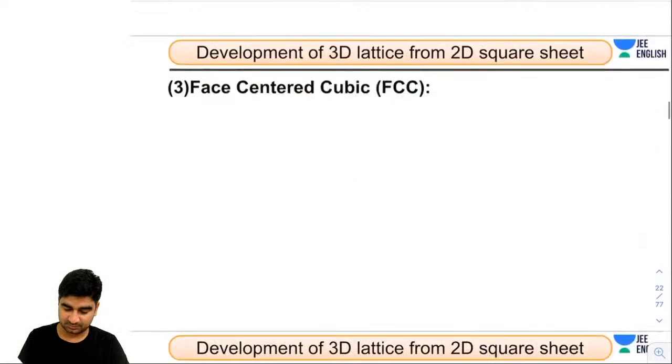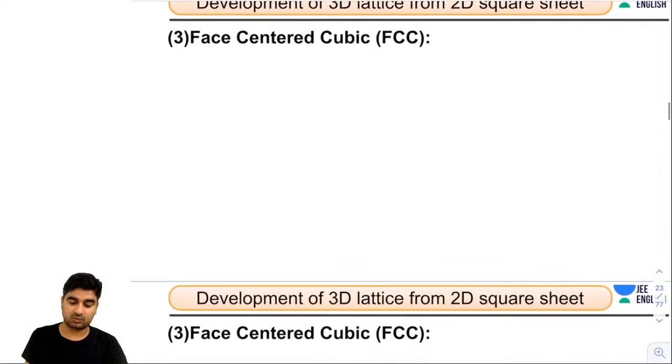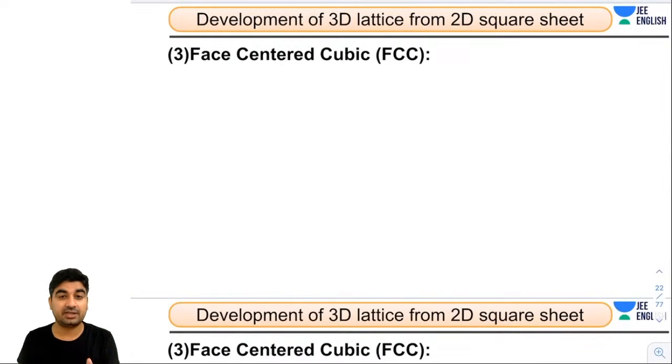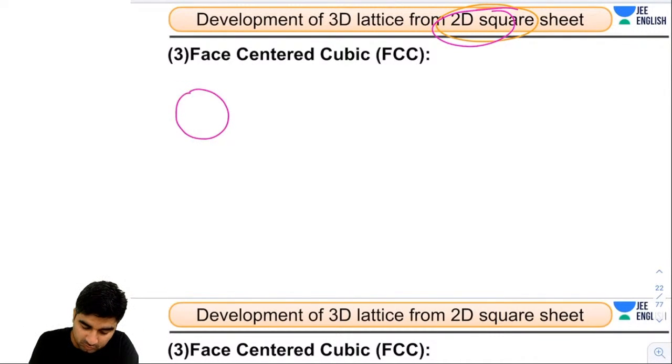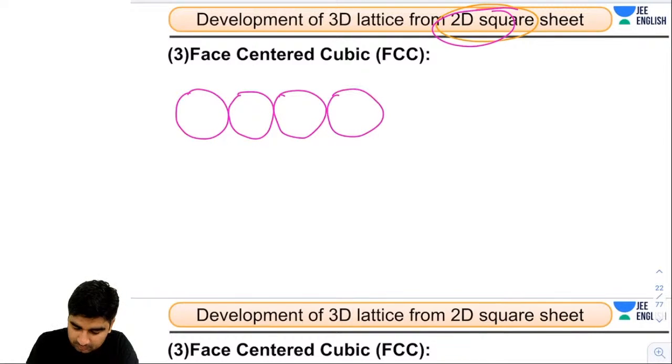So now, guys, I will move to the development of 3D lattice from 2D square sheet. That's important, and you are not going to find it in NCERT, so be careful when I'm teaching it. So face center using 2D square sheet. Suppose I'm making a 2D square sheet here, right?